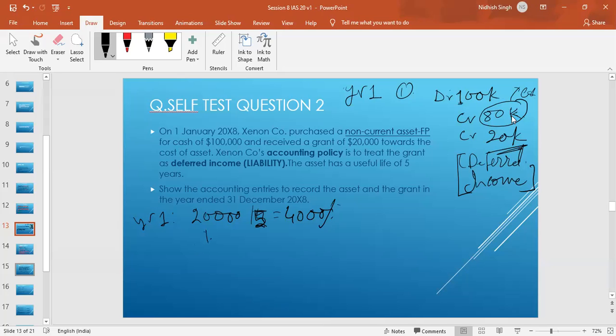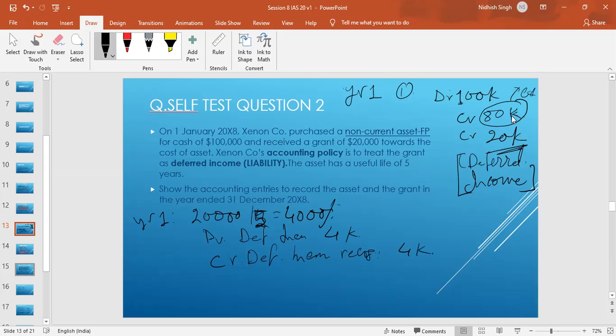So we debit the deferred income by 4K, and this time credit the income statement, deferred income recognized, 4K.